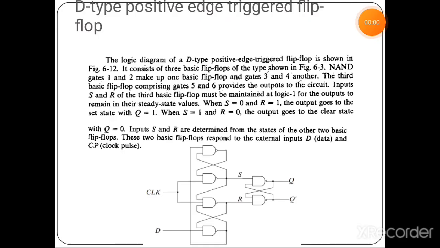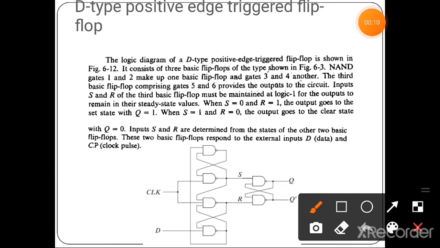From this, next, the operation of the circuit is explained here. Here we have redrawn the gates 1, 2, 3, 4. These gates 1 to 4 are redrawn to show all the possible transitions.